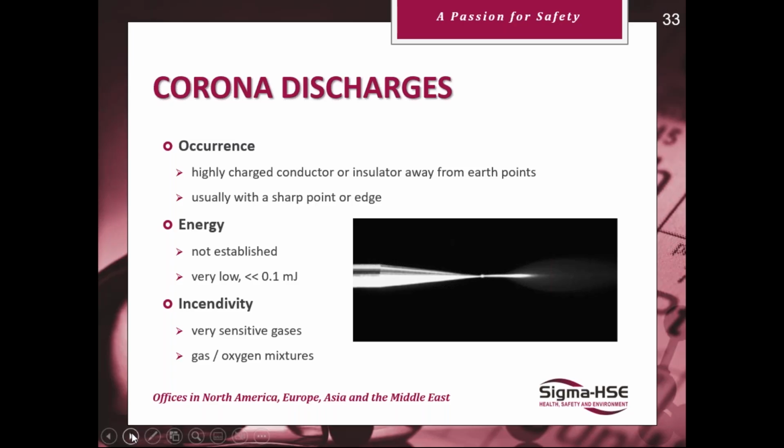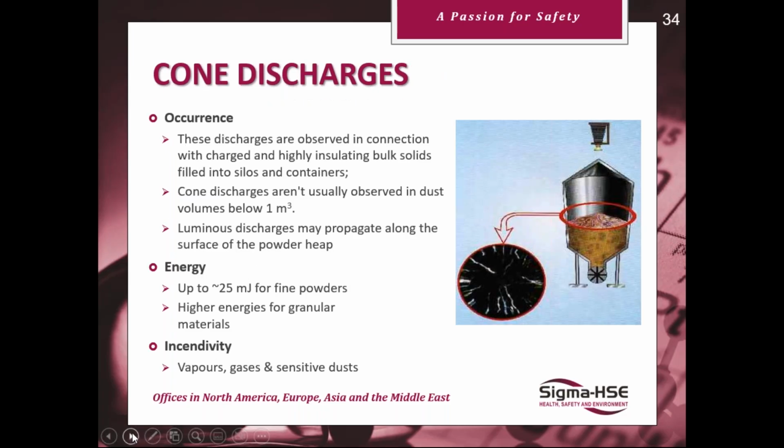So they're from an insulator away from earth points, usually with a sharp point or edge, very low energies, 0.1 millijoules, can ignite very sensitive gases or gas oxygen mixtures. Not too worried about it in industry. Cone discharges. These discharges are observed in connection with charged and highly insulating bulk solids.